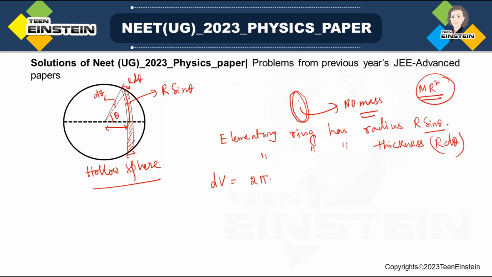I should not call this volume; I should say elementary area, because mass is not in the volume, so this has nothing to do with volume. So 2 pi r sine theta, which is the perimeter, into the thickness r d theta, is the elementary area.